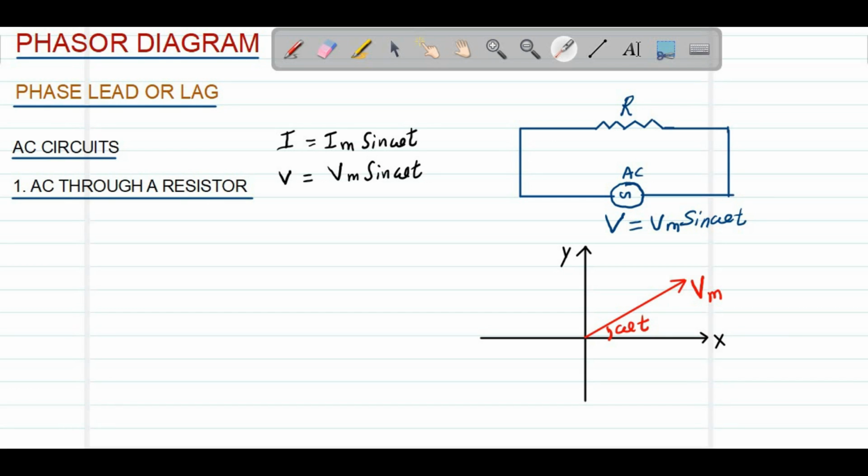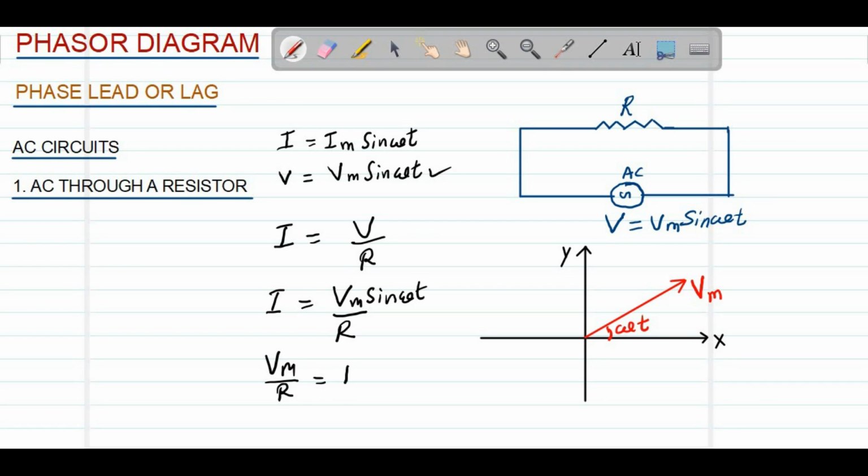And the corresponding current value, what is the current in this circuit? From Ohm's law, I equals V by R. Here I is the instantaneous value of current and V is the instantaneous value of voltage. So instead of V I can substitute this equation, Vm into sin omega t, divided by R. Here Vm divided by R gives the peak current, the maximum current produced in the circuit, that is Im.